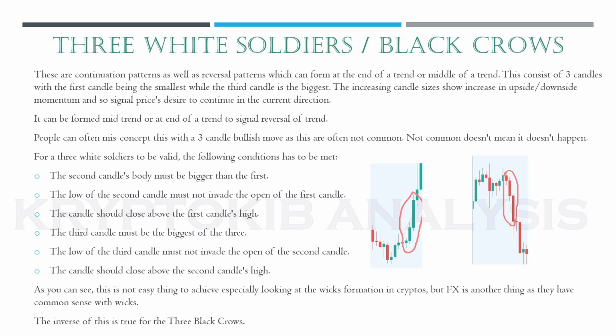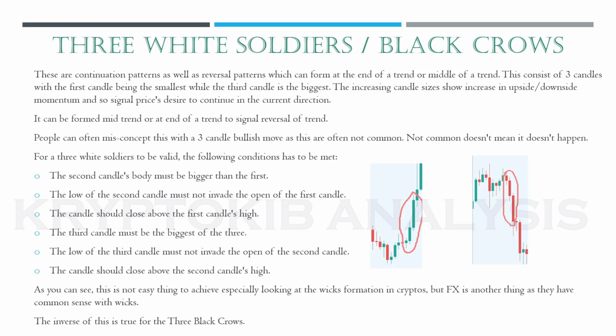So we have the three white soldiers and the three black crows. These are continuation patterns as well as reversal patterns, which can form at the end of a trend or the middle of a trend. This consists of three candles, with the first candle being the smallest while the third candle is the largest.